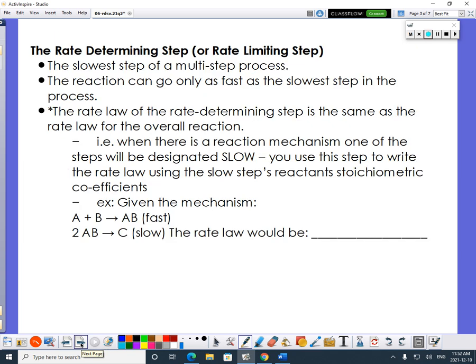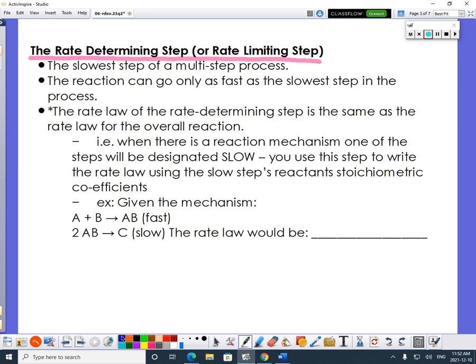So logically, if you have a mechanism, then one of the steps is going to be the slowest. And you don't even have to worry about trying to think about it. Is it 5 minutes compared to 2 seconds? It'll literally say fast, and one of them will say slow.